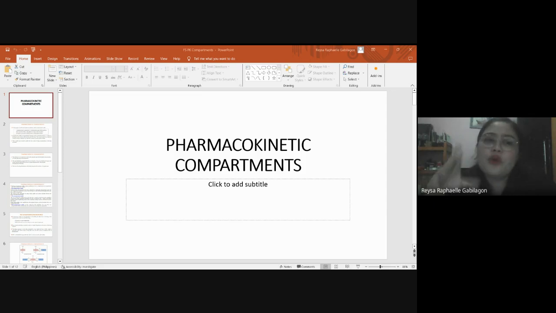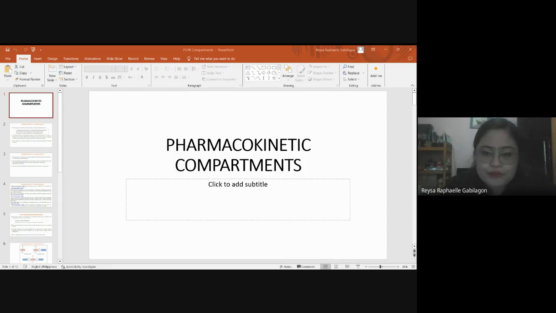So for the two compartment model, we have here a central compartment and a peripheral compartment. So the drugs, we will have different rates here sa distribution. Yung pag-distribute ng drug from the central to the peripheral and from the peripheral to the central until we get to have a state of equilibrium between these compartments.